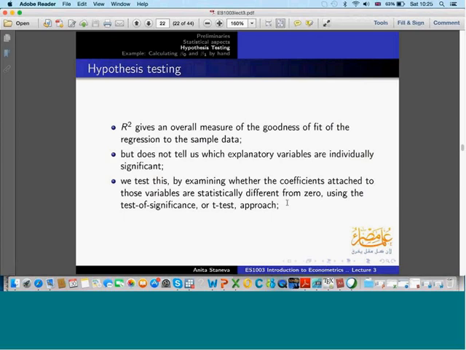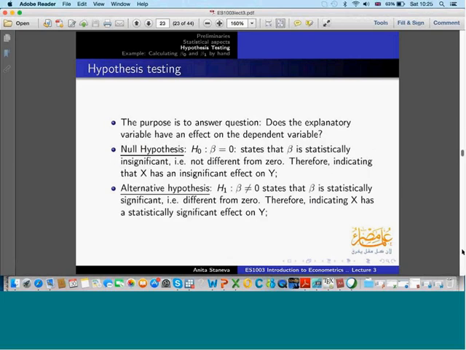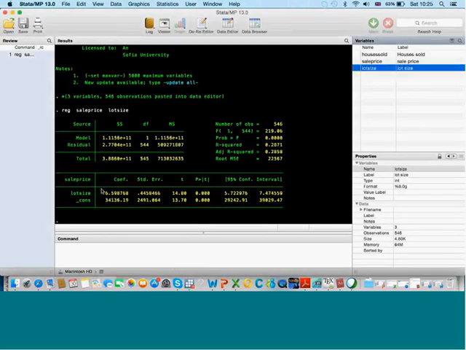That's why we need to examine and test whether the coefficients attached to those variables are statistically different from 0 using the test of significance or t-test approach. The purpose is to answer the question: does the explanatory variable have an effect on the dependent variable? In my example, I want to say whether this lot size has an effect on the sales prices.